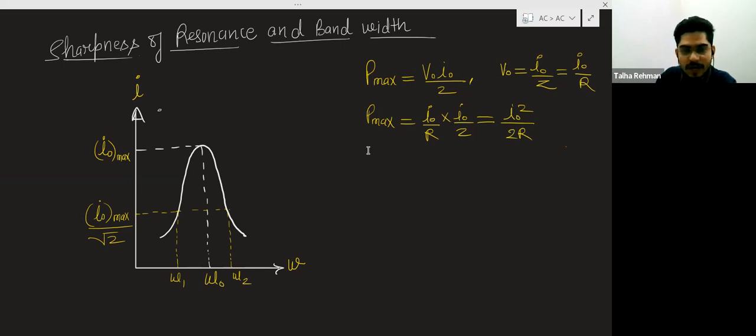Now when you put the value of the current as I naught max by root 2, see what the power will be.